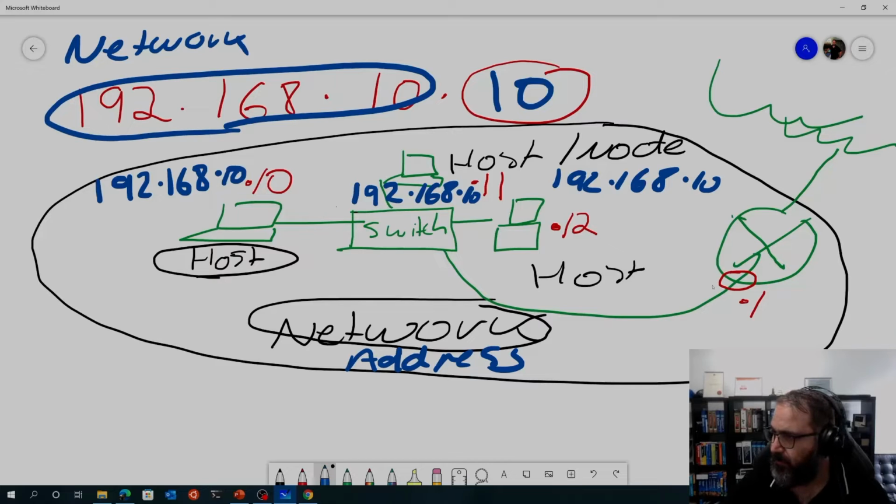And 192.168.10.1. So that's how they see themselves, as the complete address.